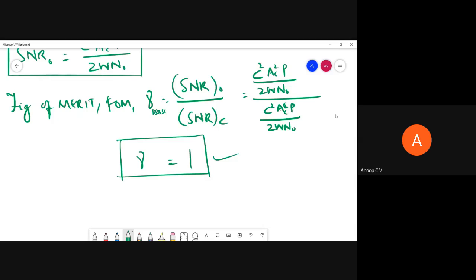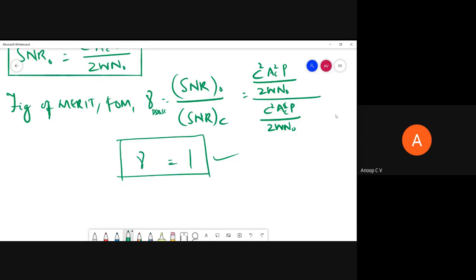Then we considered S of t equal to Ac cos 2 pi fc t times M of t, where we assumed initially that M of t has an average power equal to P. And then we found the input or channel SNR as Ac square P by 2 W N naught, and then we pass this S of t through a product modulator.